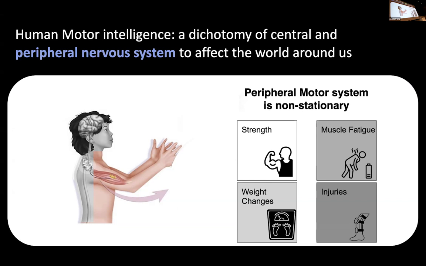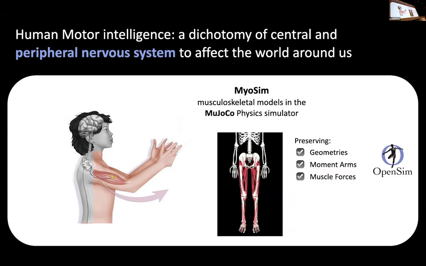What we did is leverage the amount of biomechanics work that has been done to understand how to model the peripheral motor system. We mostly refer to OpenSim work, plus we extended it with other works. We try to maintain as much as possible the same physics characteristics of the biomechanical models presented in OpenSim, preserving geometries, moment arms, and muscle forces, and we developed models we call MyoSim in MyoSuite.